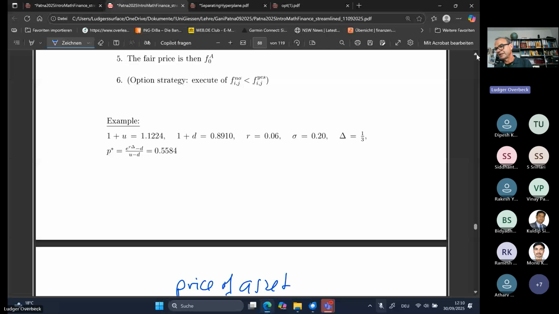You calculate e to the minus sigma, e to the plus sigma, and so on.